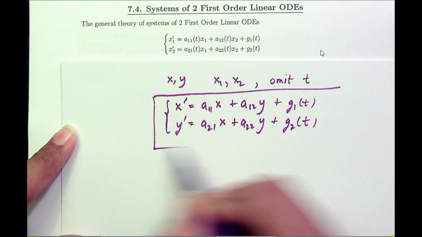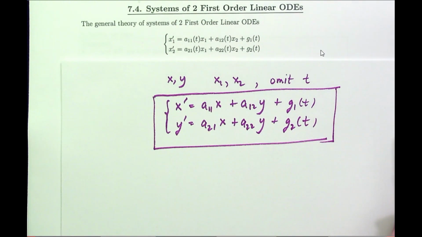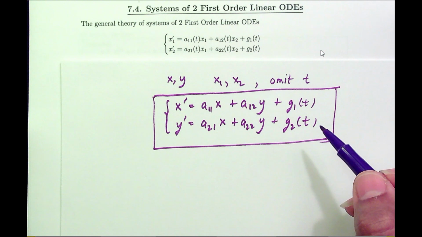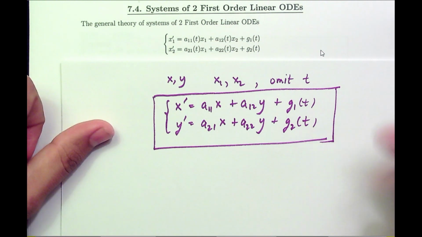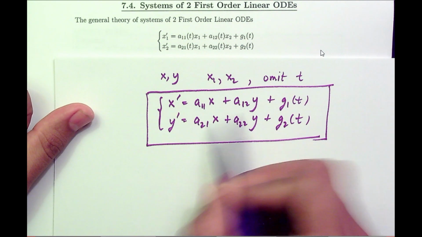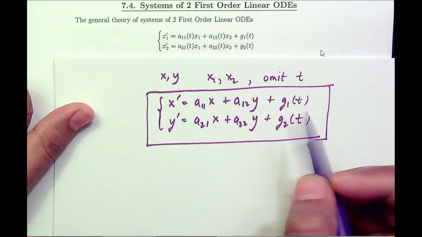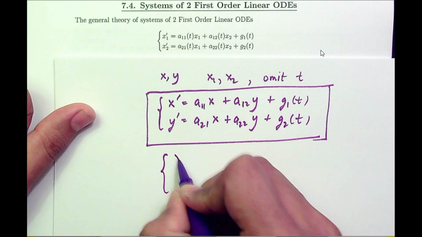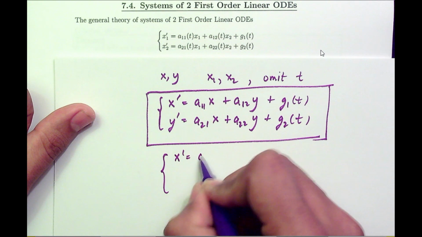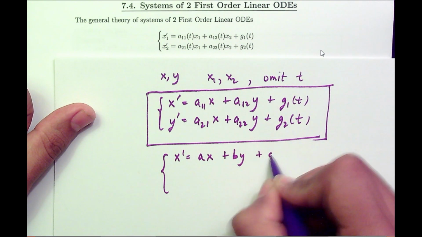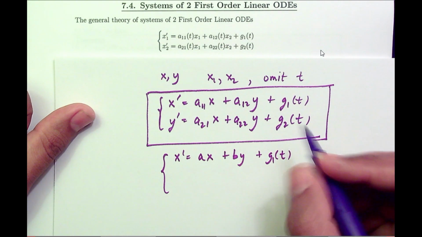So if you look at that, that's if you're using x and y for x1 and x2, the system might look like this. And even perhaps you might simplify it a little bit more. Instead of using a11, a12, a21, and a22, you can use a, b, c, and d. And in that case, the system might look like this. x prime equals ax plus by plus g1.